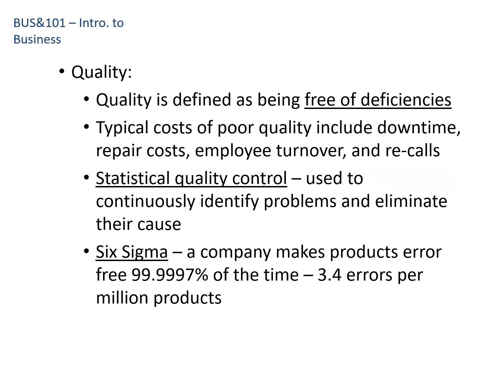So a little bit about quality. Quality is defined as a product being free of deficiencies, essentially meaning that the product is what you tell the customer it is going to be. Quality doesn't mean that it's the very best you could get. It means that it's very, very close to what you're promising customers. A lot of companies will use statistical quality control.